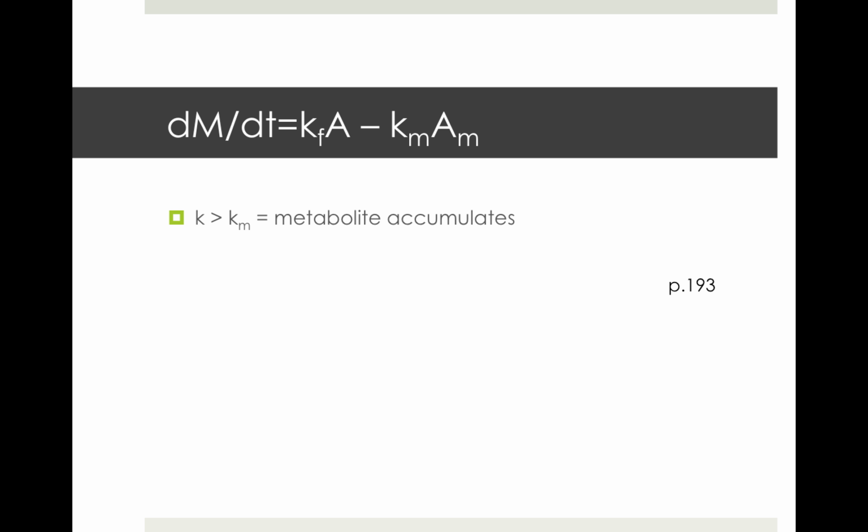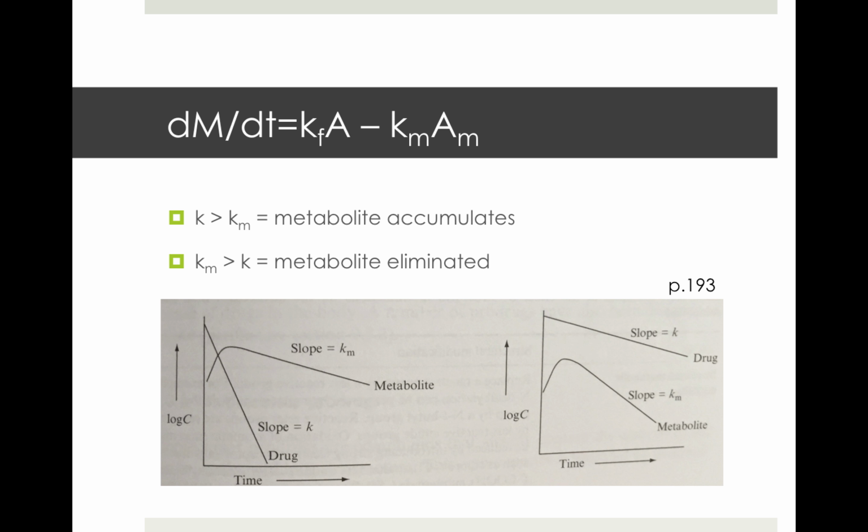So we can see here where K is greater than Km, the metabolite is accumulated in the body and it will not be excreted fast. And then in other cases where Km is greater than K, the metabolite will be eliminated from the body, and this is represented on page 193 in the picture in the book. So the first picture on the left is representative of K being greater than Km.